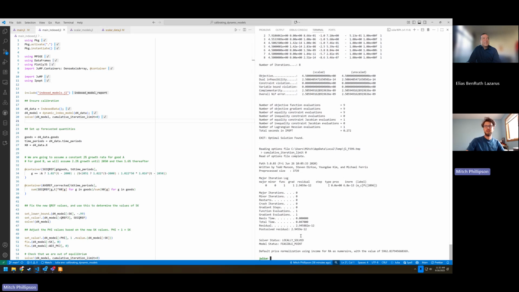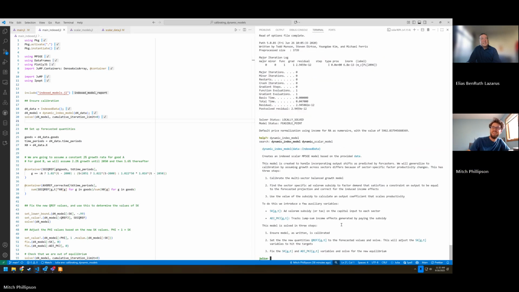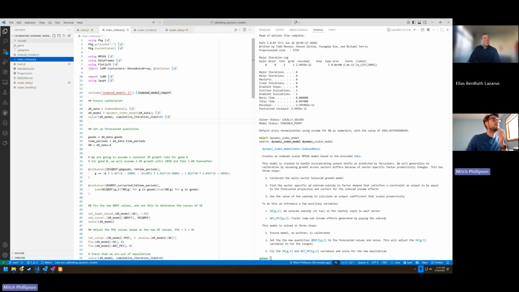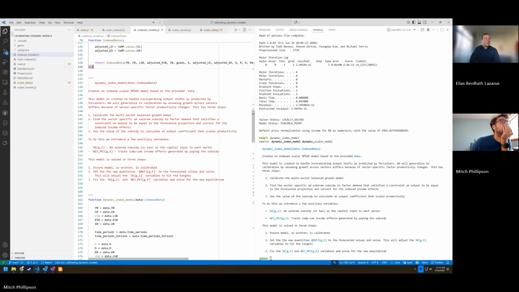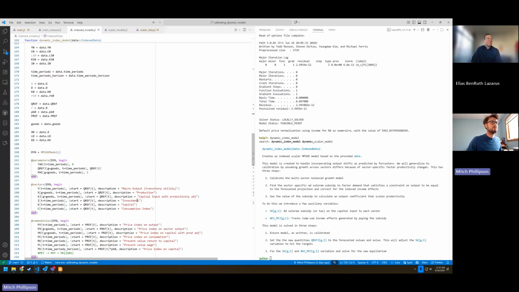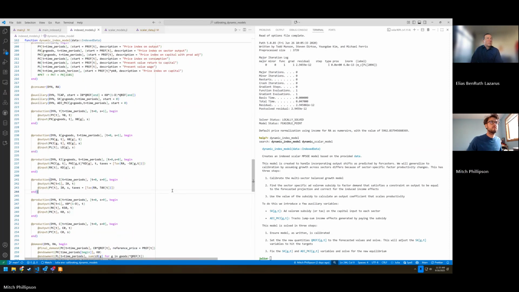Okay, so the model's calibrated. Awesome. This model's a little bit different. Here, let me show you what's going on. This model's kind of interesting. You can already see we have some auxiliary variables. We have TCAP, that's just pinning the tail on the donkey, so to speak.